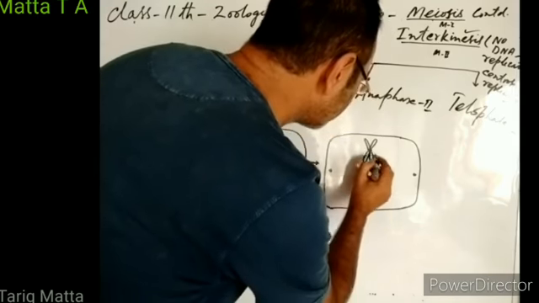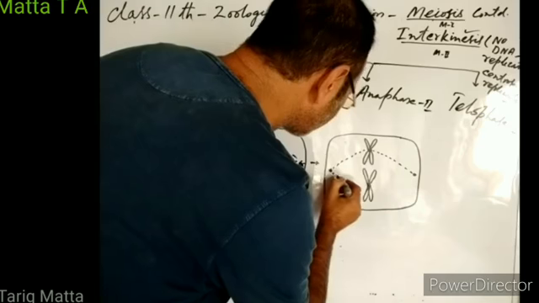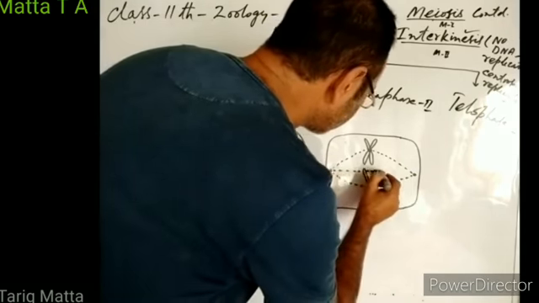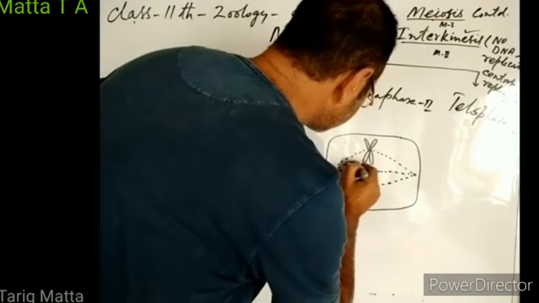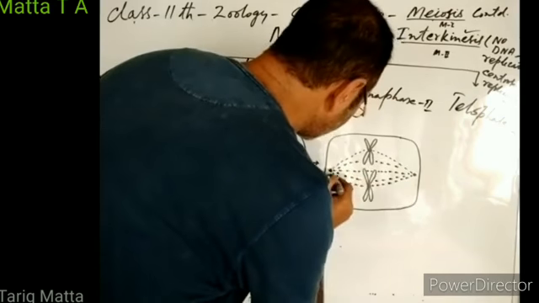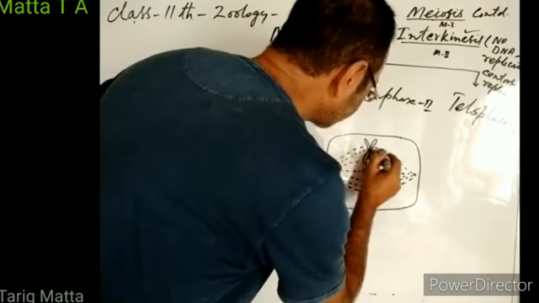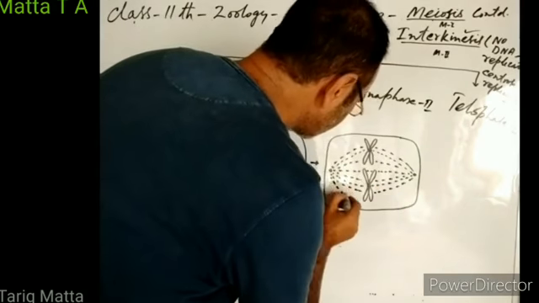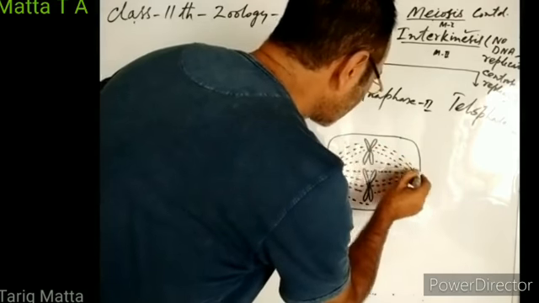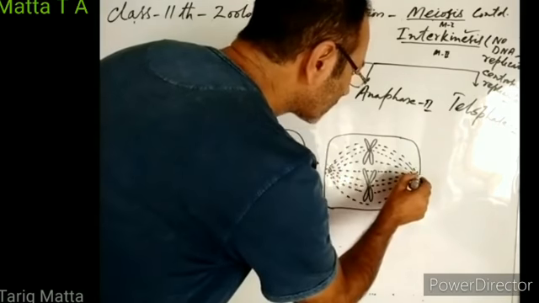So all the 23 chromosomes are perfectly aligned at the equator of the spindle. These chromosomes are attached to kinetochore spindle fibers, and non-kinetochore spindle fibers run from one pole to another pole of the cell.